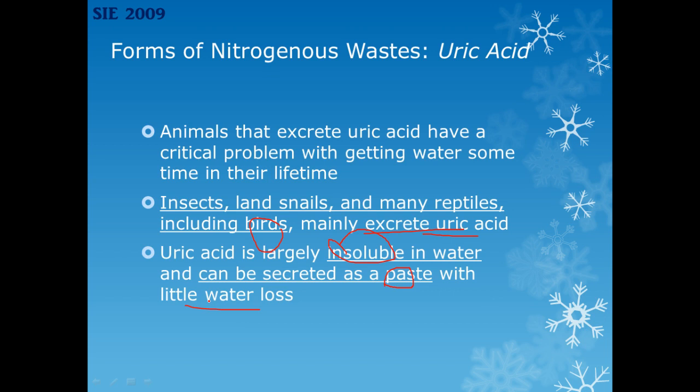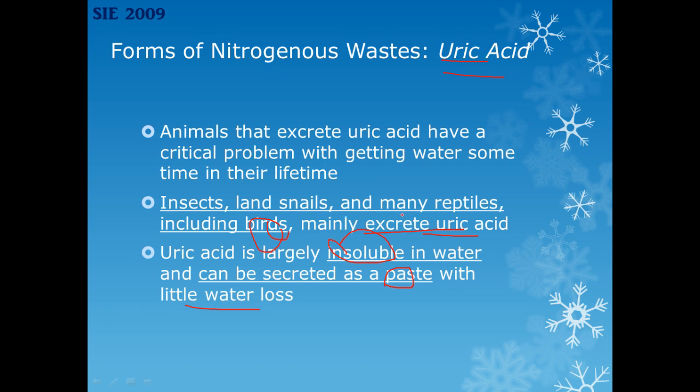Okay, so why do you think that reptiles and birds release uric acid compared to ammonia? This is because birds and reptiles share the same hole for their reproductive, excretory, and digestive waste.